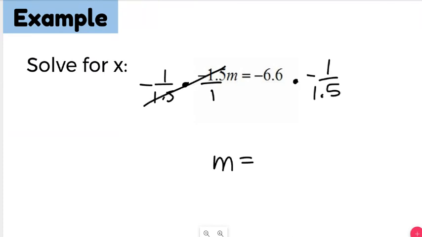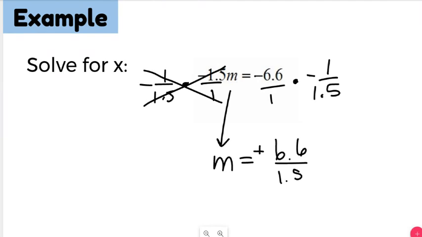Now on the left, my negative times negative is positive. My 1.5s cancel, and I'm left with m. On the right-hand side, if I multiply across, I have a negative times a negative, which makes positive 6.6 over 1.5.